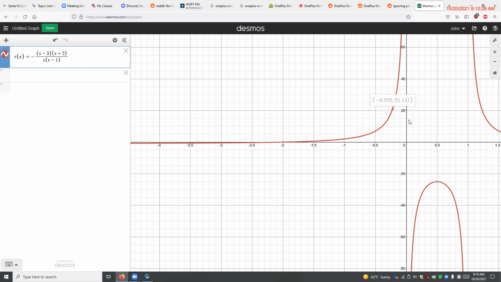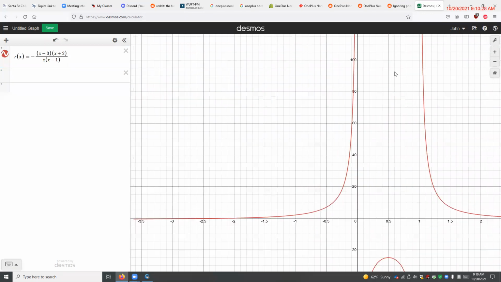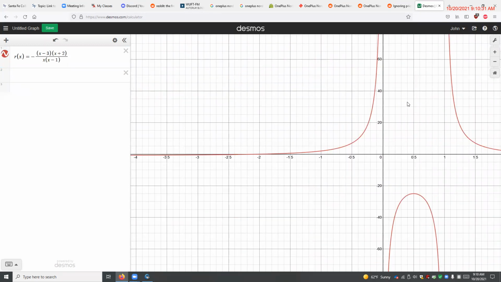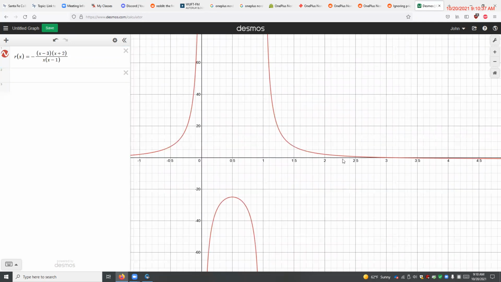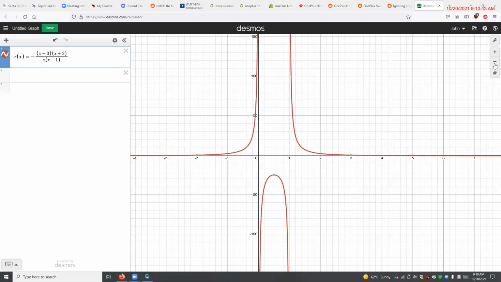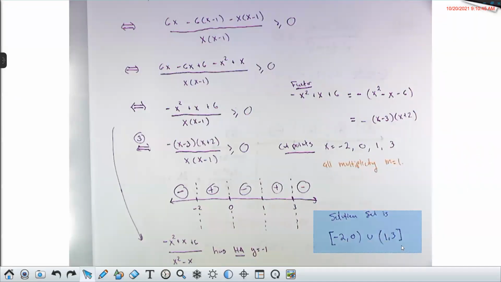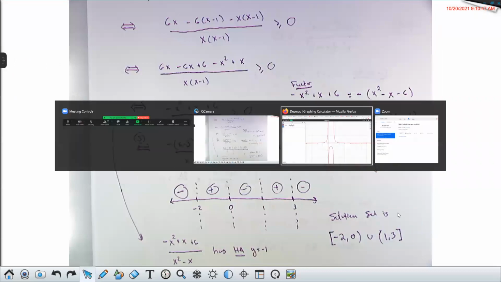So from -2 to 0, and then we cannot include 0 because that's a vertical asymptote. And also from 1 to 3. And at 3, we cross the x-axis again, and these values go from positive to negative. So this solution set does make sense, right? It's consistent with the graph.